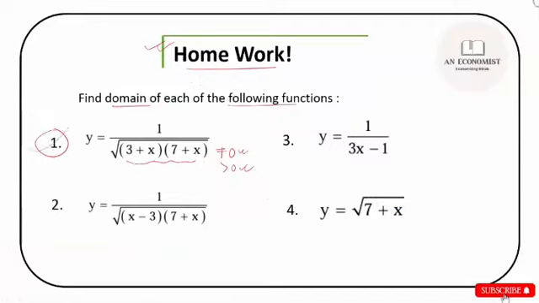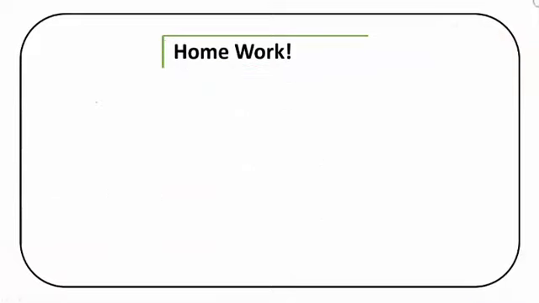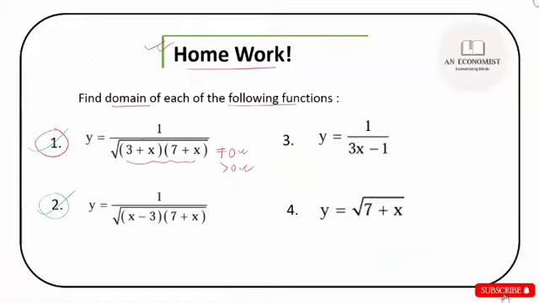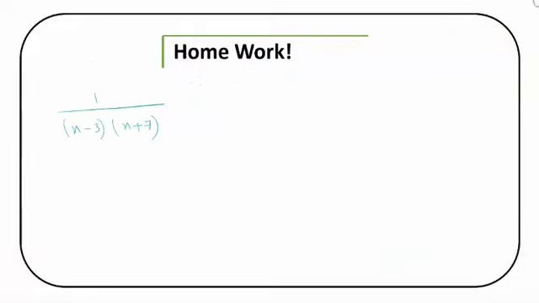Now let's do the second question. It's a similar question. Let's do this. 1 upon (x minus 3)(x plus 7), and a square root of that.